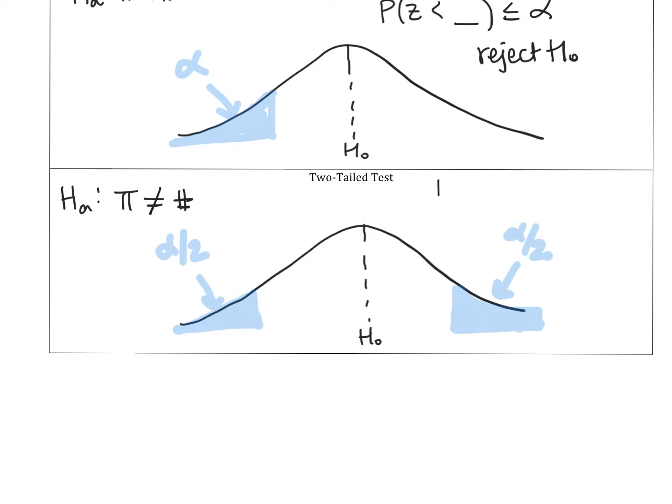So now we look at the probability of, and it depends: if the z-score we calculate is negative, we look less. If that z-score is positive, we look greater. And then we multiply that probability by 2. If that probability is less than or equal to alpha, we reject the null.